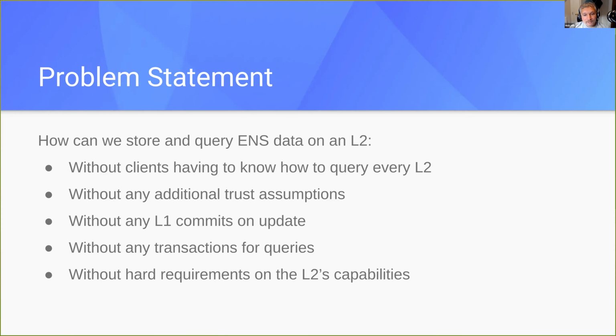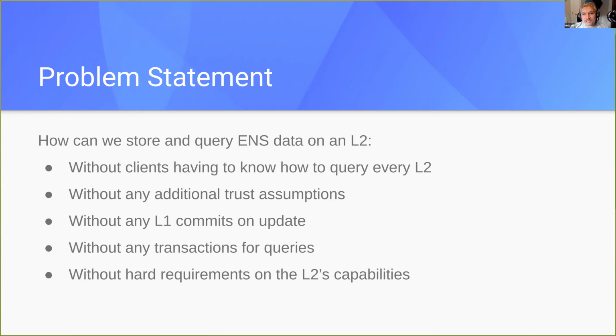And when clients are querying an L2, we need no additional trust assumptions. So if it's a true L2 that has no trust assumptions for verifying state, we shouldn't be introducing any, like a consortium of signers or anything like that. Without any L1 commits on update. So that means that if you own a name and you've moved it to, say, Optimism and you want to create a subdomain, you shouldn't have to create a transaction on L1, nor should some backend system have to do so.